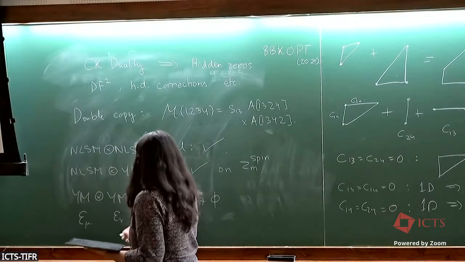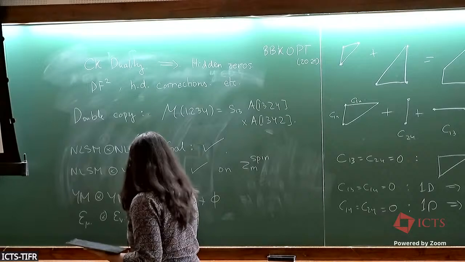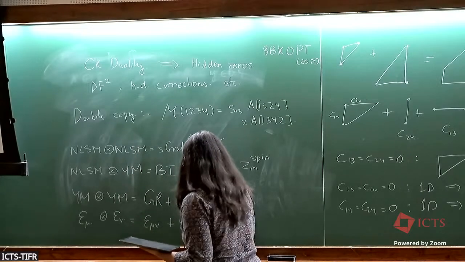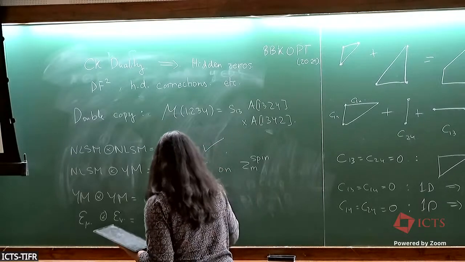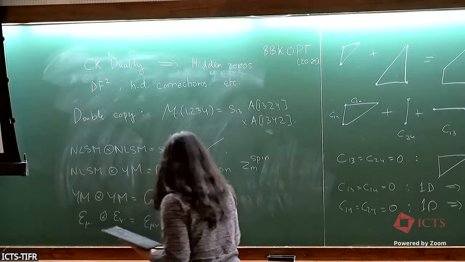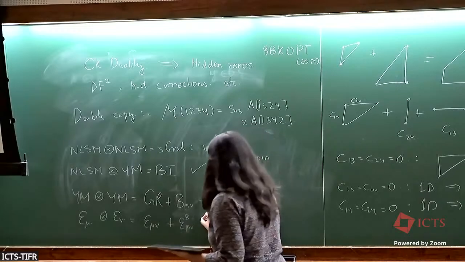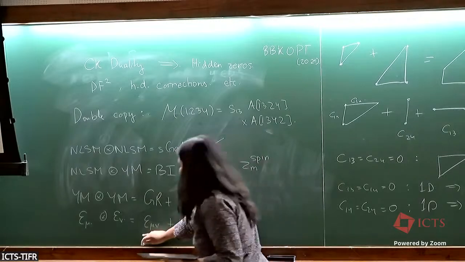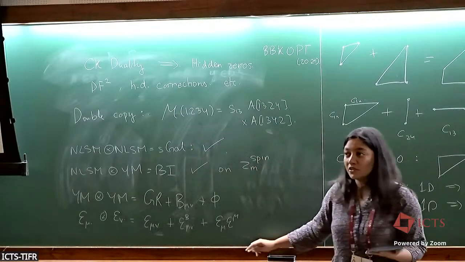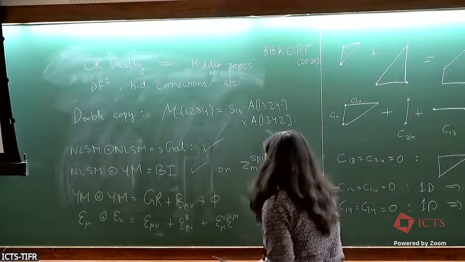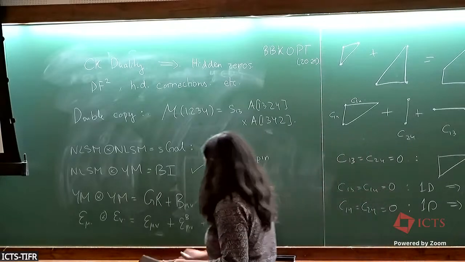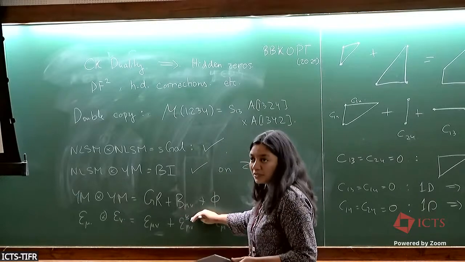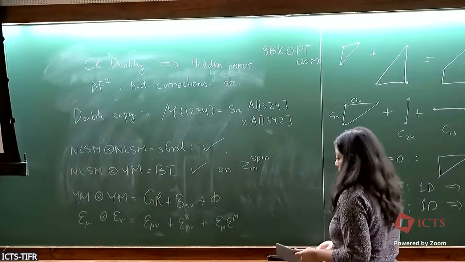And so when you double copy them together, you get something which is symmetric, which is the graviton, something that is antisymmetric, or maybe I should call it B, which is the antisymmetric 2 form, and then the traceless symmetric, and the trace then gives you the dilaton. So when you double copy Yang-Mills, you get pollution from these two fields as well, and you have to take them out if you actually want to get gravity.